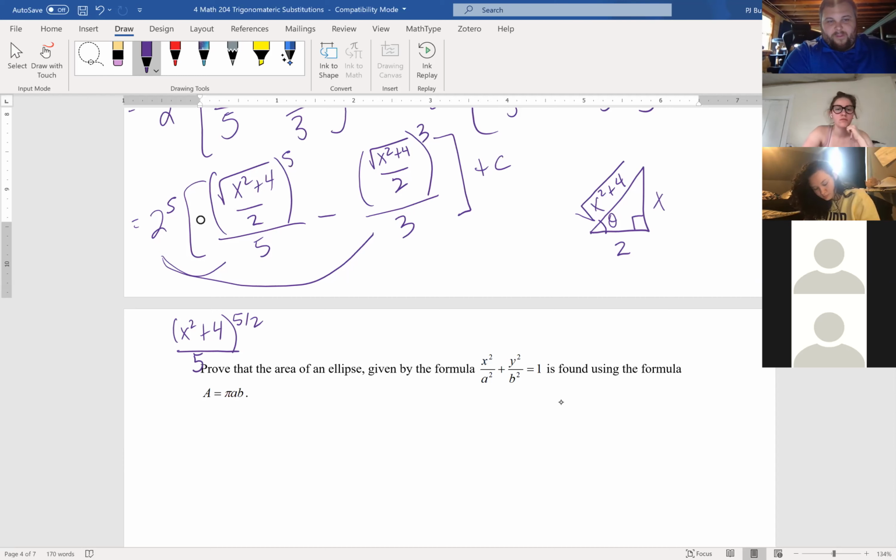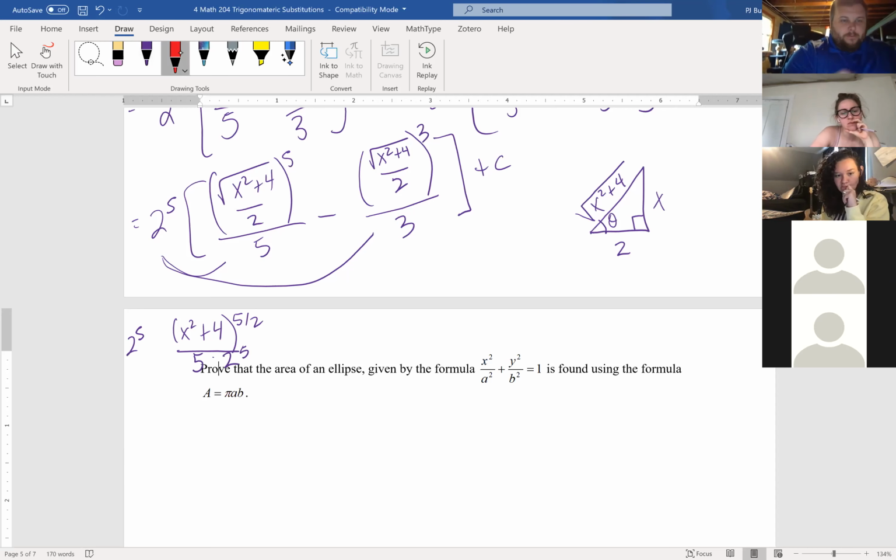And the 2 to the 5th on the outside is going to cancel with the 2 to the 5th that I would get from the set of parentheses. Then I would also multiply that 2 to the 5th by the other term.